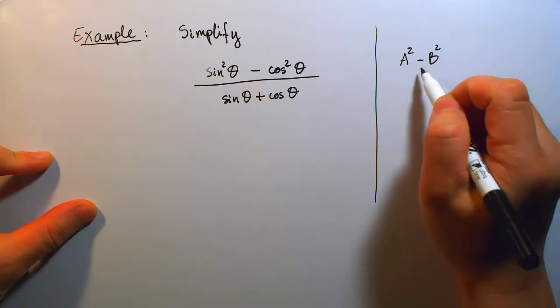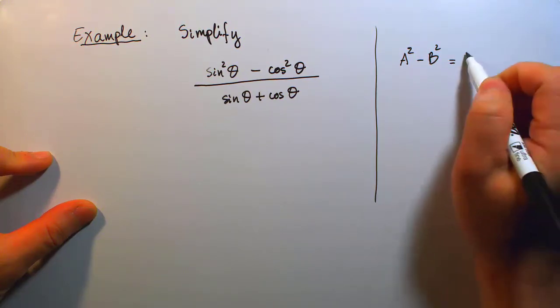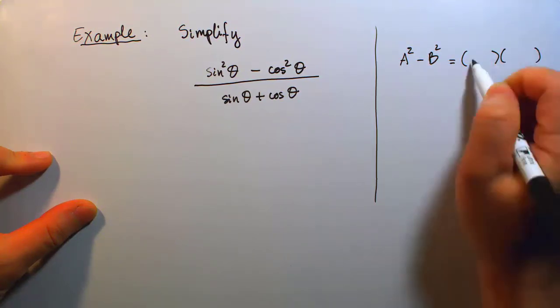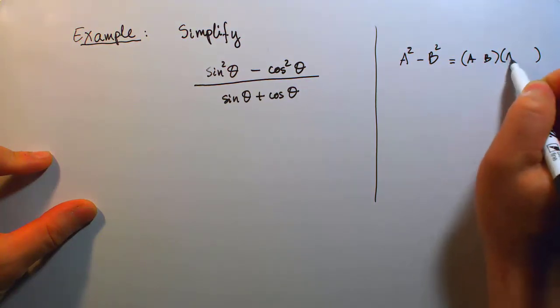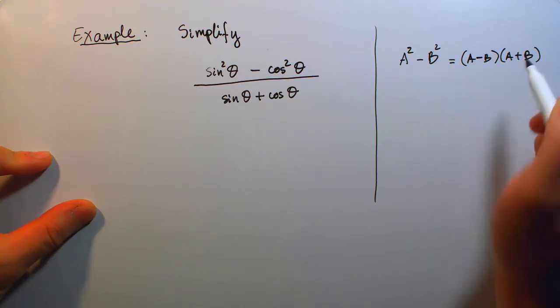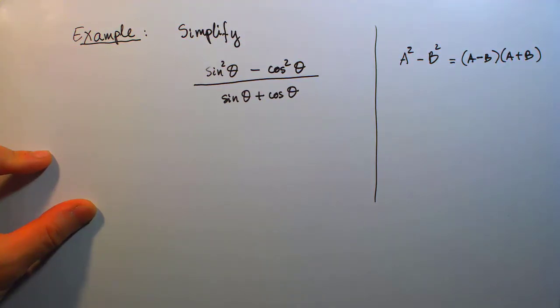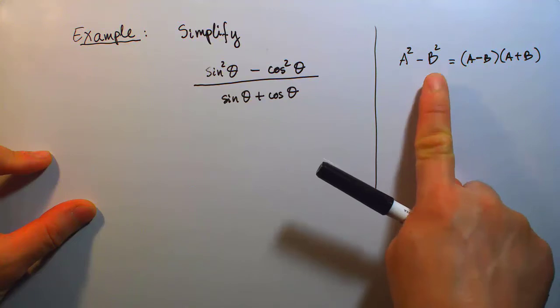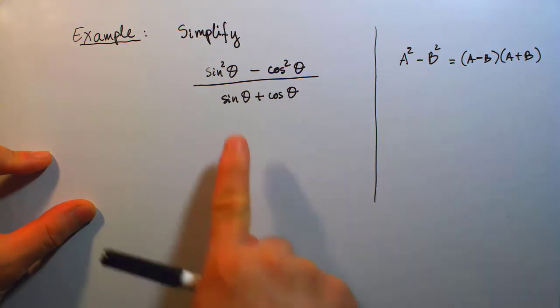Anytime you run into the difference of two squares, it can be factored into a factor a minus b and another factor a plus b. Simple enough. And that identity in algebra is about to be used here.